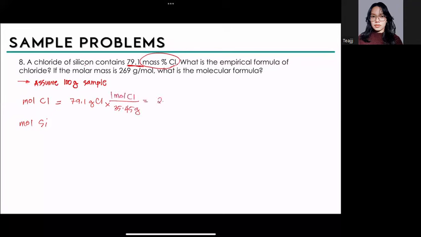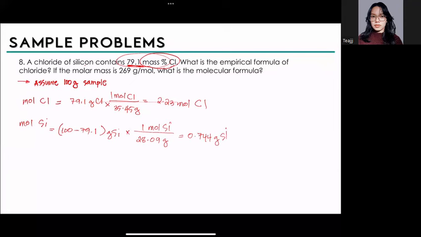And that's equal to 2.23 moles of chlorine. Now for silicon, that's going to be whatever is left over, right? In the percent. So that's 100 minus 79.1 grams, giving 20.9 grams of silicon, divided by the molar mass of silicon. So that's 28.09 grams per 1 mole of silicon, which is equal to 0.744 moles of silicon.